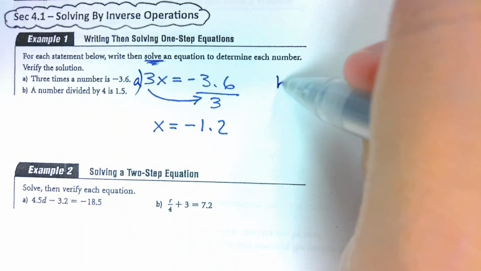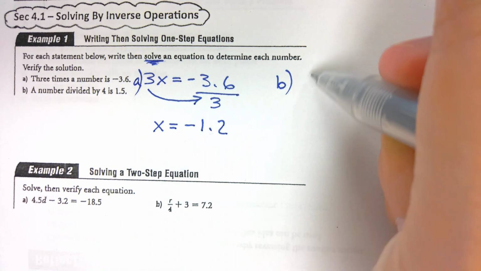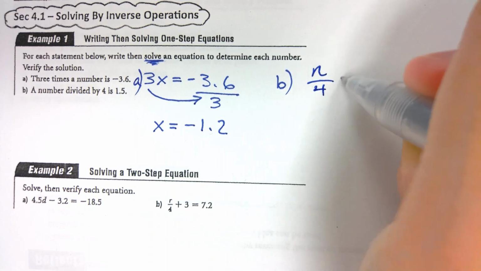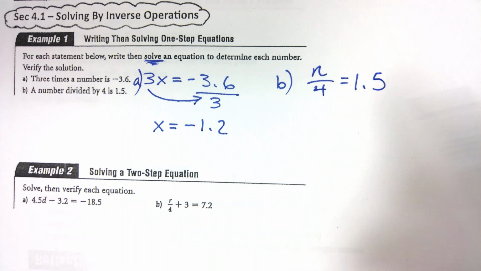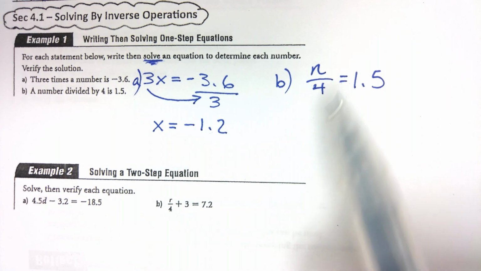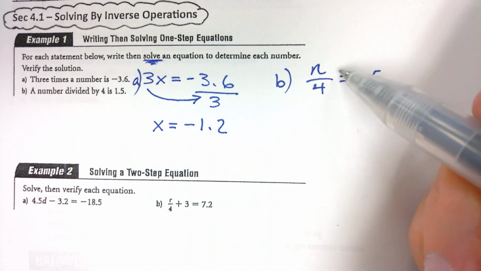What about B? A number divided by 4 is 1.5. Adihi? n over 4 equals 1.5. Good. It doesn't matter if it's n or x or a, any variable. Whenever you see a number, that's your variable, what you're trying to solve for.